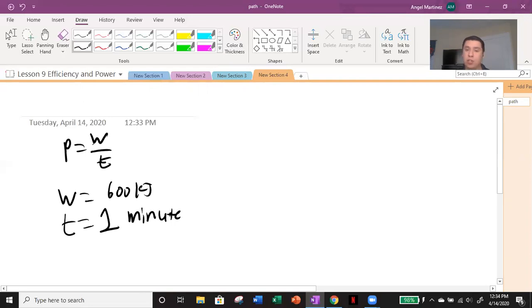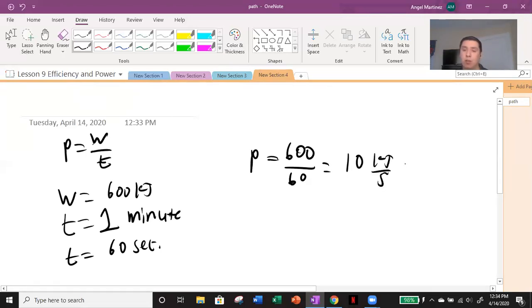So you can't just do 600 divided by 1. You have to change minutes to seconds. So if time is 1 minute, that means it also equals 60 seconds. So when we calculate power, it'll be 600 divided by 60, not 1, because we have to put seconds. That's just 10 kilojoules per second, or 10 kilowatts. Okay, that's it for power.